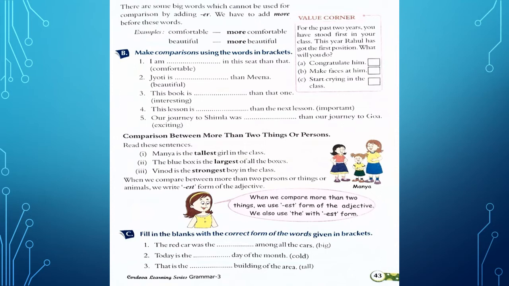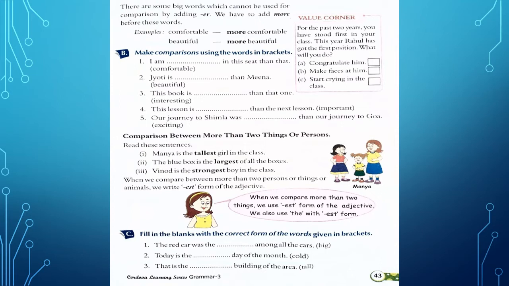Students, when we compare more than two persons or things or animals, we write the est form of the adjectives. Here we can see in the cloud, when we compare more than two things, we use the est form of the adjectives. We also use the with est.